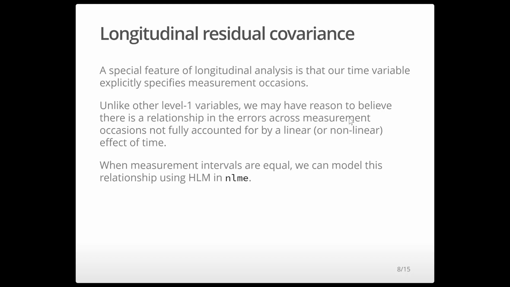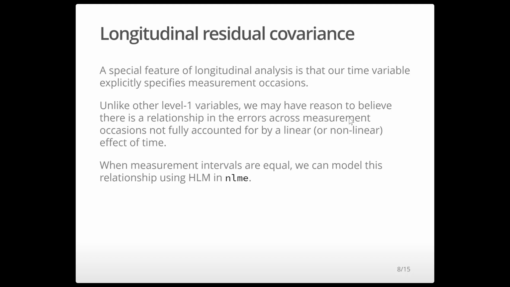So there's another special feature that you talked about a little bit in lecture, both last week and this week in longitudinal analysis, and that's that the time variable is explicitly specifying measurement occasions, which raises some interesting possibilities.